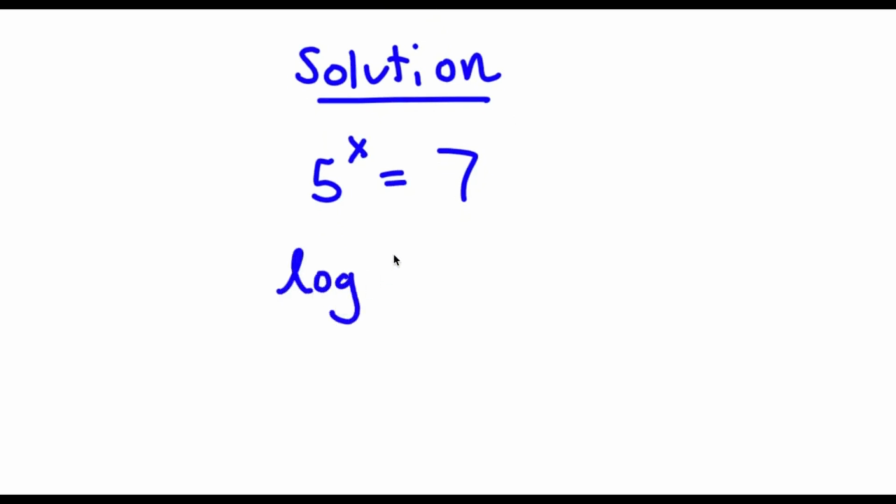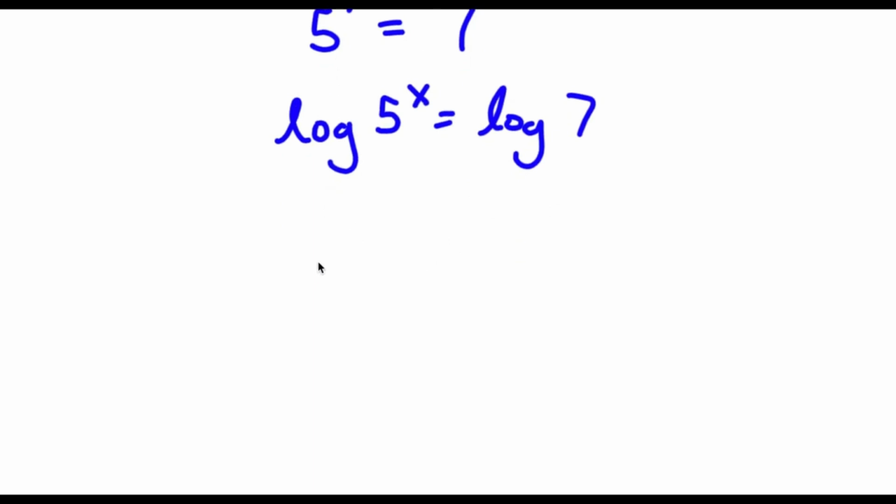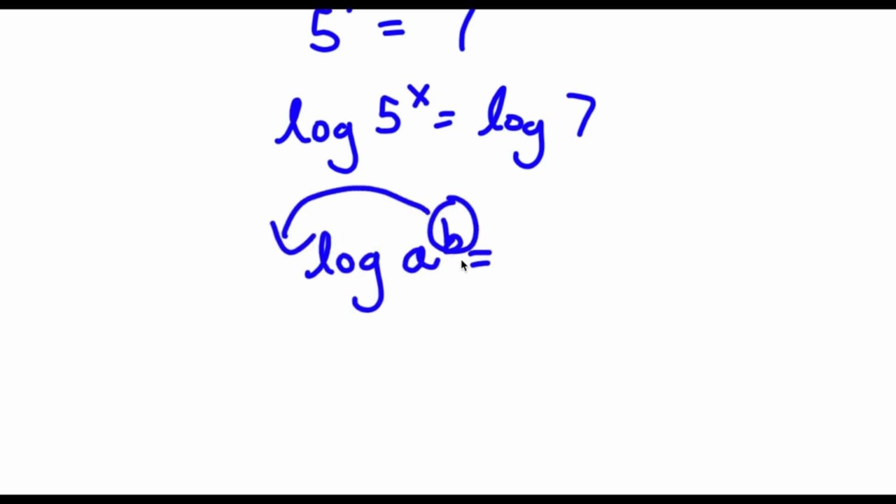So now I have log 5 to the power of x is equal to log 7. Now, if I have something in the form log a to the power of b, I can actually move this exponent b to the front of the logarithm. So this would equal b times log a.